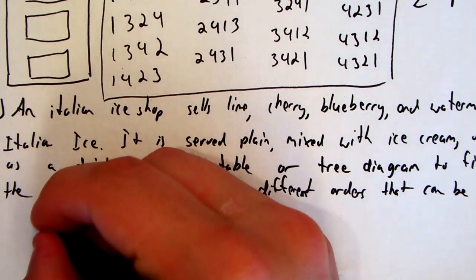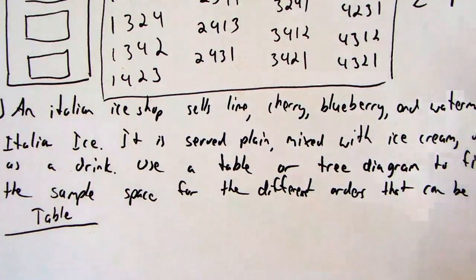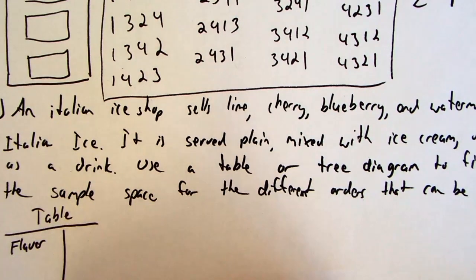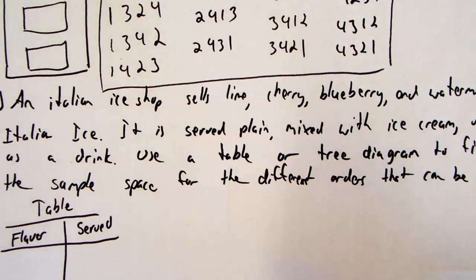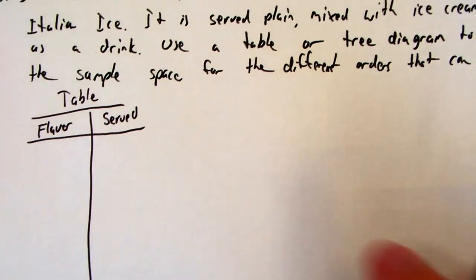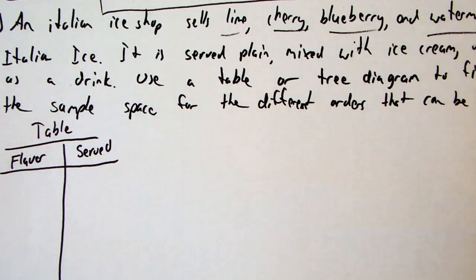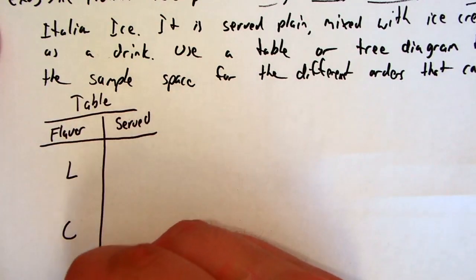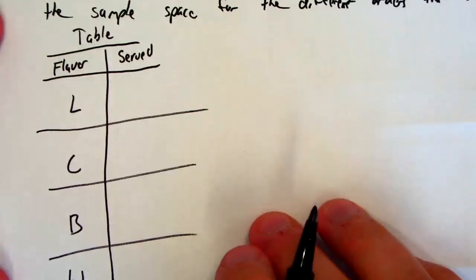Now, if we make a table, we have flavor, and how it's served. We have 4 different kinds of flavors: lime, cherry, blueberry, watermelon. So I'm going to kind of separate those 4 flavors.